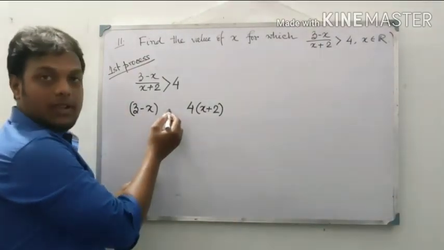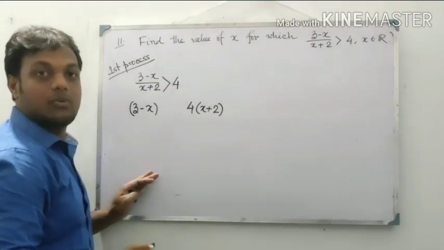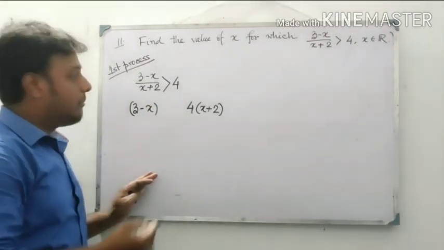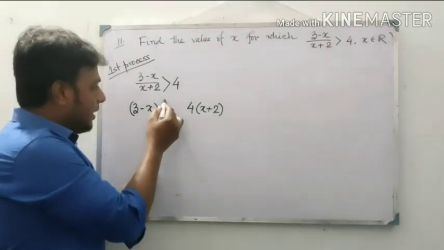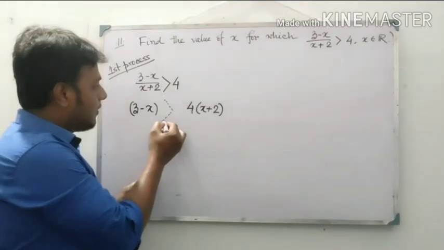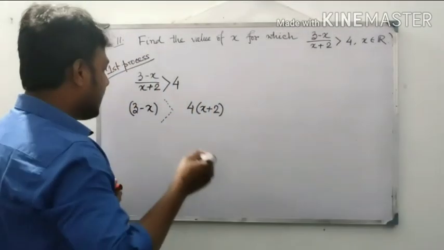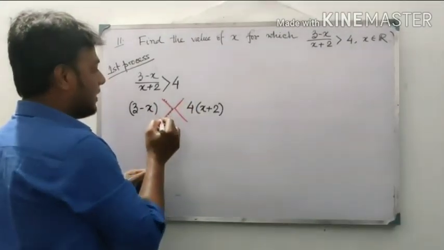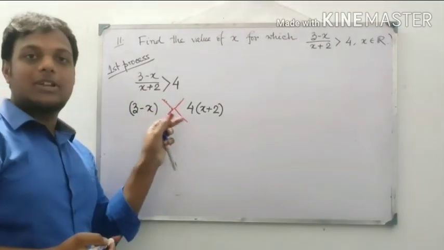Now we will be confused about the inequation sign. Since we multiplied both sides by x plus 2, whether it stays greater than or becomes less than totally depends on x plus 2.